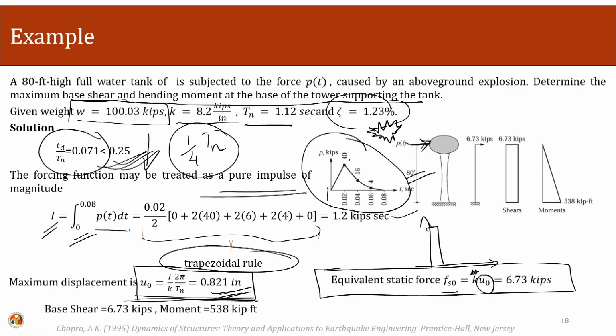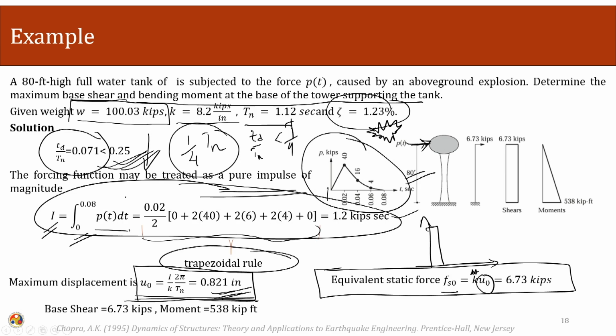Since the ratio of Td over Tn is less than 1/4, we approximate the entire loading using an impulsive loading. After that, using the impulsive load equation, we calculate the maximum deflection. Once we have it, we ignore the cause. It was actually caused by a blast loading, but we say this deflection has occurred due to an equivalent static force.